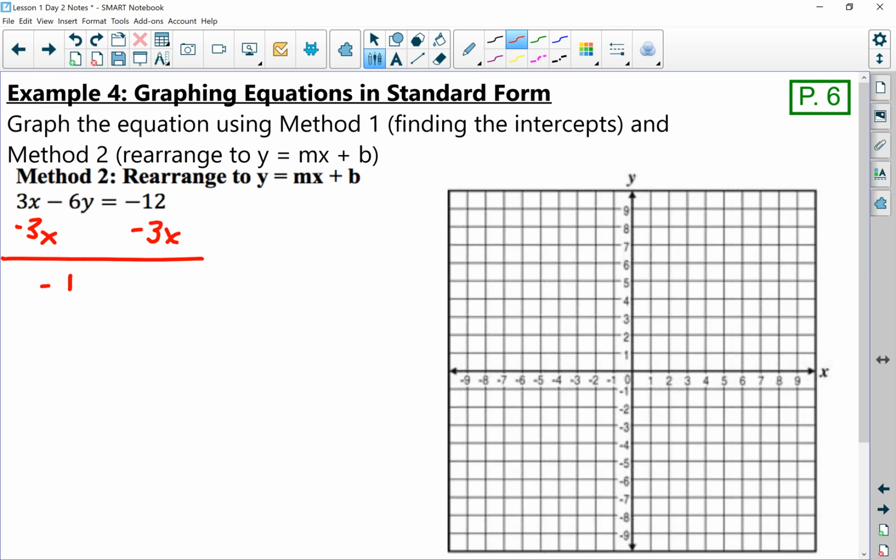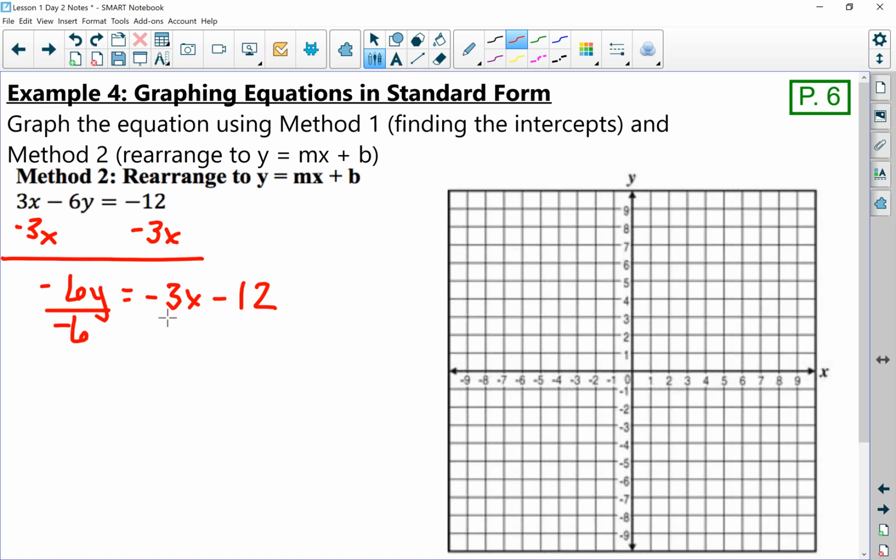I'm left with minus 6y. On the right-hand side, I can't combine. I just need to write this as negative 3x minus 12. Can't combine x's and things without x's. Then the last thing I need to do, divide by negative 6.